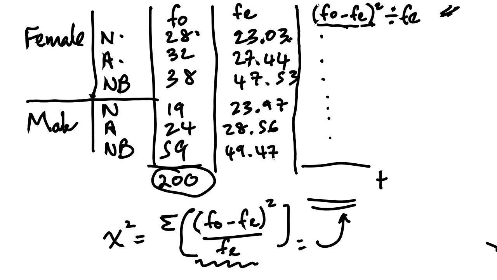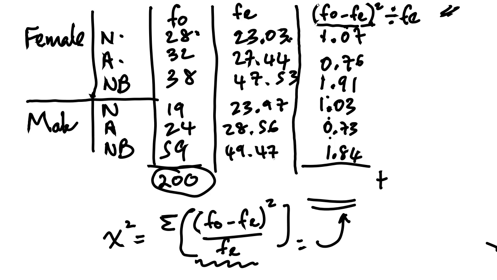The next value, you do the same thing for each row, is 0.76, then 1.91, 1.03. The last two values are 0.73, and then the last value is 1.84. So it's just punching all the values into your calculator. That's essentially what you're doing. And if you sum up this entire column of values, you get a value of 7.34.